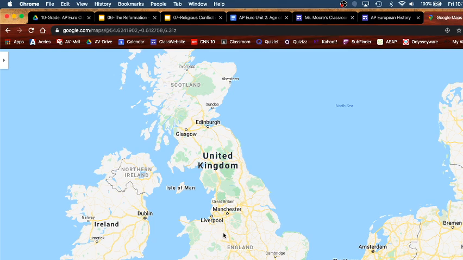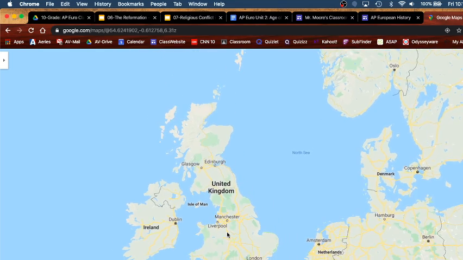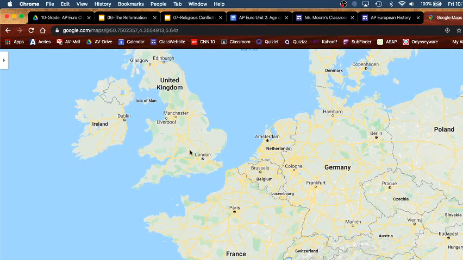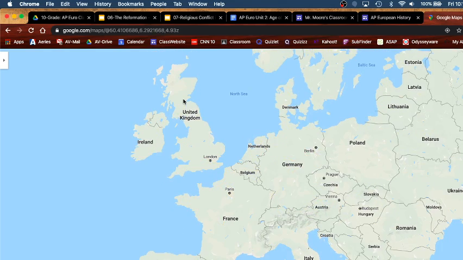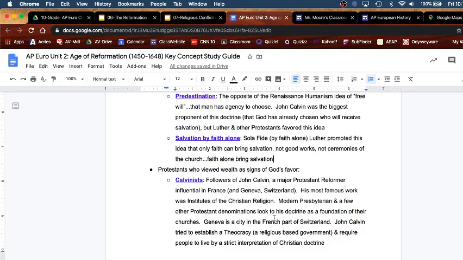And so the Scottish and the English had a lot of animosity towards each other over time. And the French and the English also have a huge conflict over time. And so thus the French and the Scottish saw a common enemy in England. And that's why Calvinism also takes root in Scotland quite a bit as well. That's the connection right there.